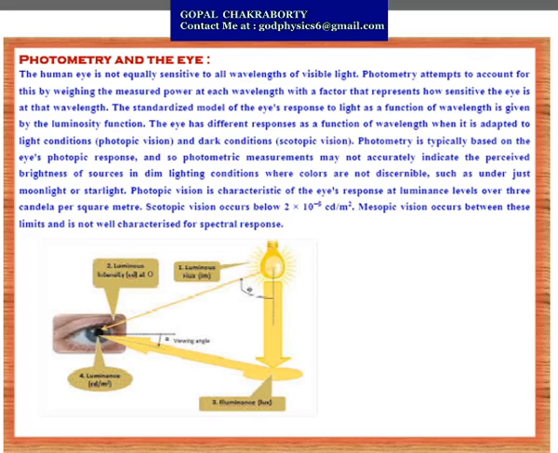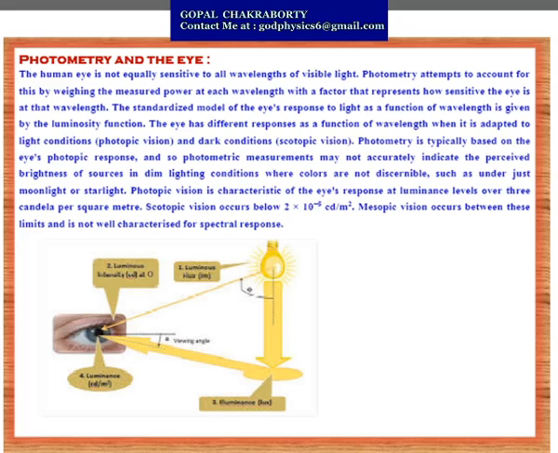Photopic vision is characteristic of the eye's response at luminance levels over 3 candela per square meter. Scotopic vision occurs below 2 times 10 to the power minus 5 candela per square meter. Mesopic vision occurs between these limits and is not well characterized for spectral response.